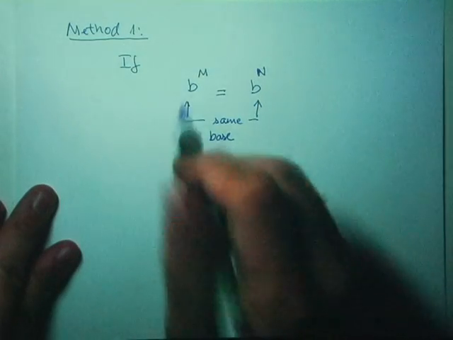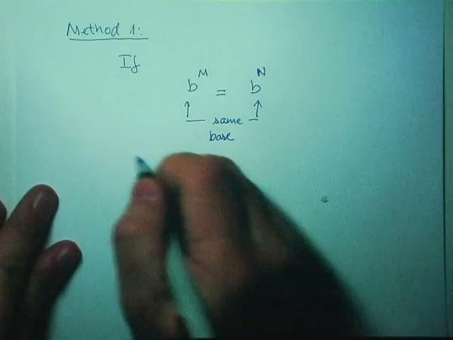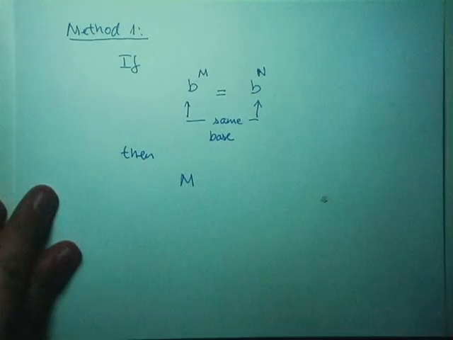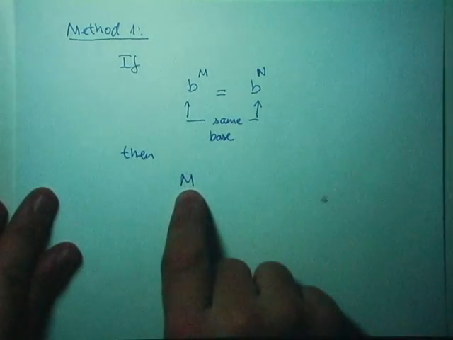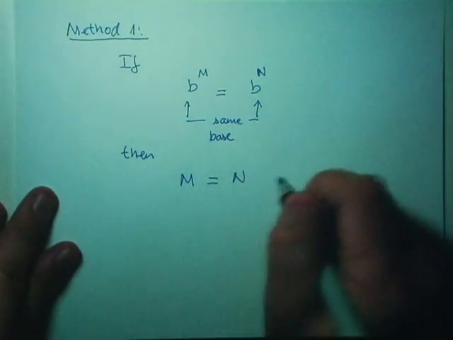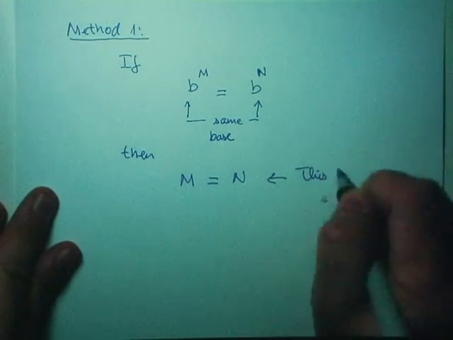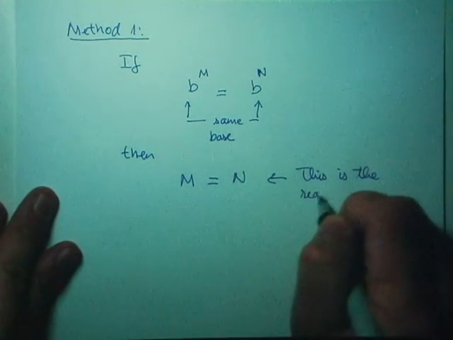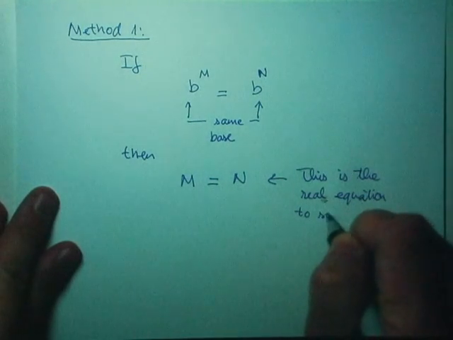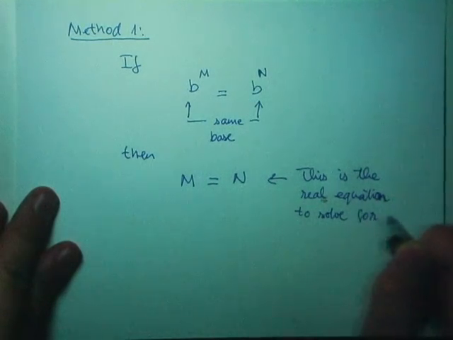But once again, strictly you need to have the two bases on the two sides be the same. So whenever your equation satisfies having the two bases be the same, then you can just simply rearrange the equation: you pick the power m on the left hand side, set it equal to the power n on the right hand side, and there you produce for yourself another equation, and this is the equation to solve for x.